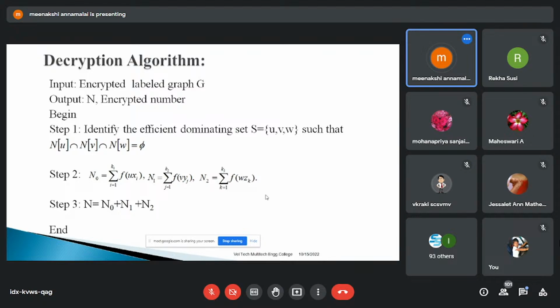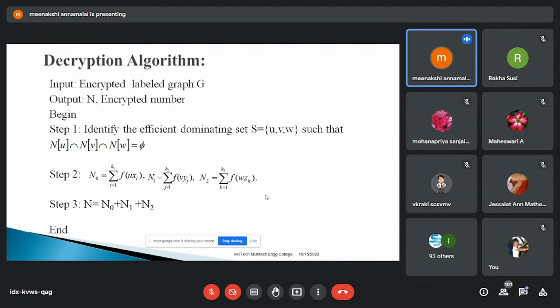And step two, N0 is split into K1 subpartitions, which have been assigned on the edges U xi. So I have written here N0 is equal to summation i equals 1 to K1 of f of U xi.